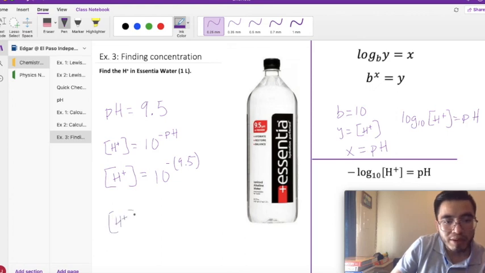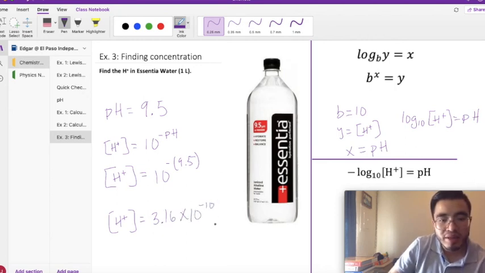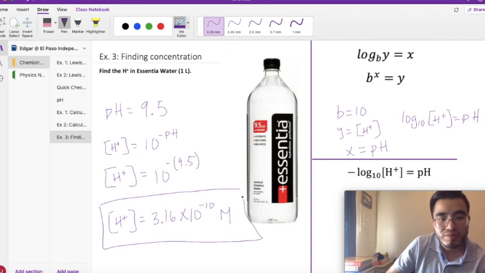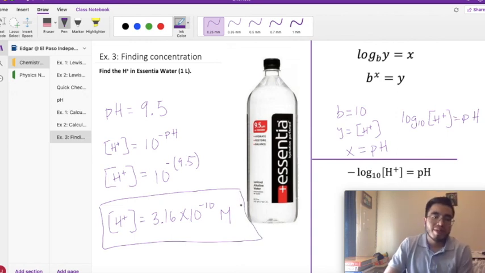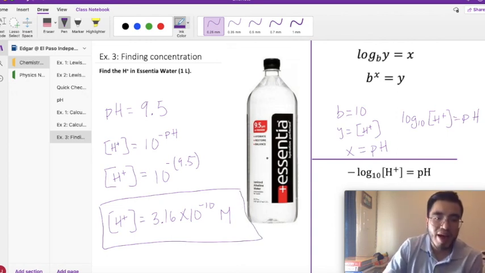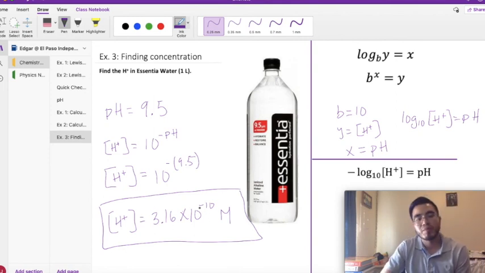H plus is 3.16 times 10 to the negative 10 molar. So if you buy Essentia water, you're going to have at least this hydrogen ion concentration in your water.